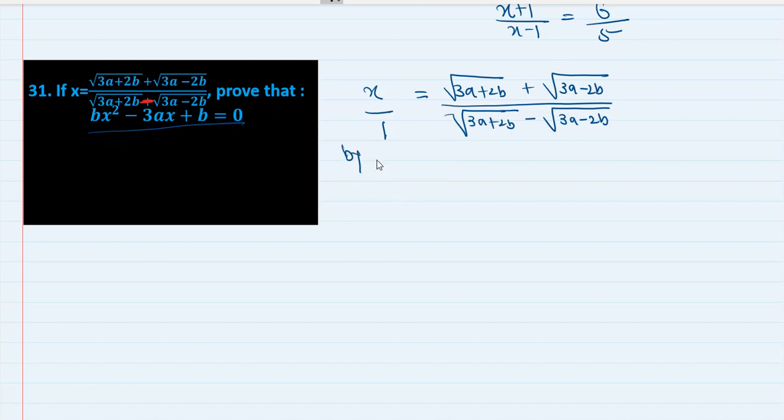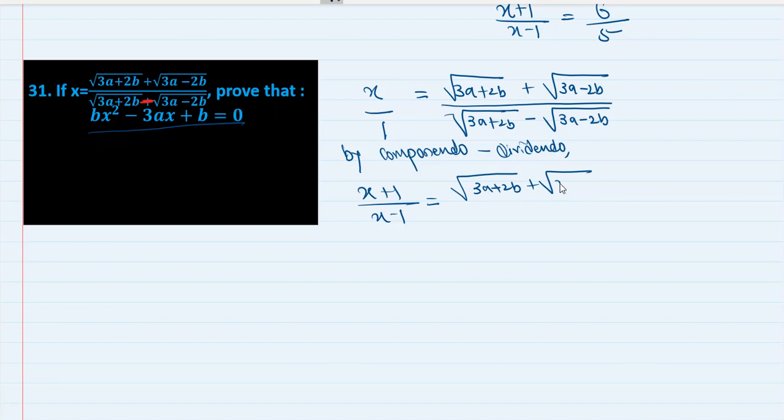Okay, so by componendo dividendo, what do you get? On left hand side you get x plus 1 upon x minus 1. On right hand side you get root of 3a plus 2b plus root of 3a minus 2b plus root of 3a plus 2b minus root of 3a minus 2b, the whole upon, are you getting what I'm doing?